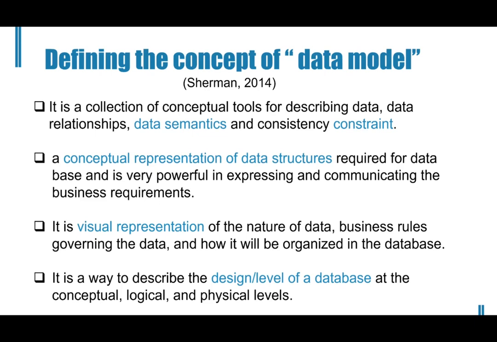There is a specific column, which gives you the staff code for the engineer. And once you enter this staff code in the dataset, it tells you how many buildings he is responsible for, what sort of material and budget he can sign off, and things like these. So it's a conceptual representation of the data structure required to build a database. It's a very powerful tool in expressing and communicating business requirements.